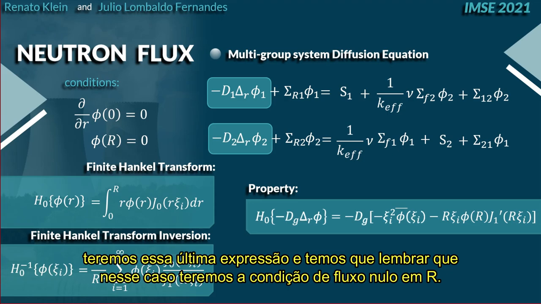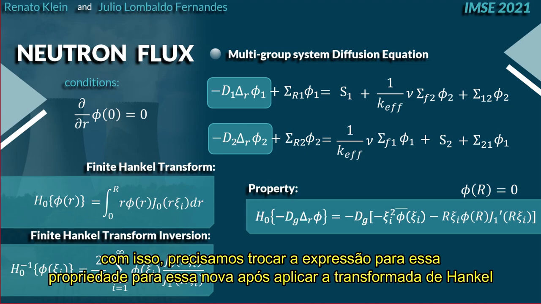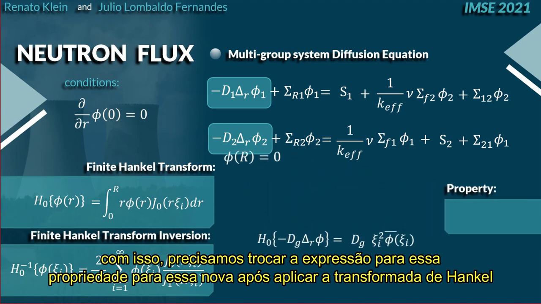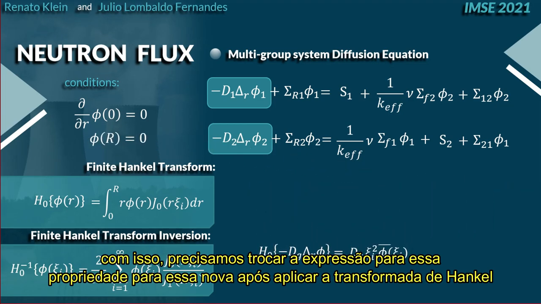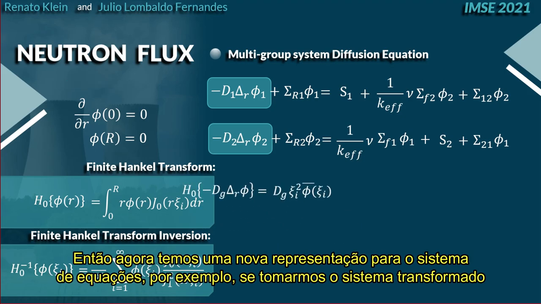And we need to remember that in this case we have the condition at capital R that the flux is 0. But if this appears here, we need to change this property, like for this one. And of course, the term with the operator can be changed when we apply the Hankel transform.